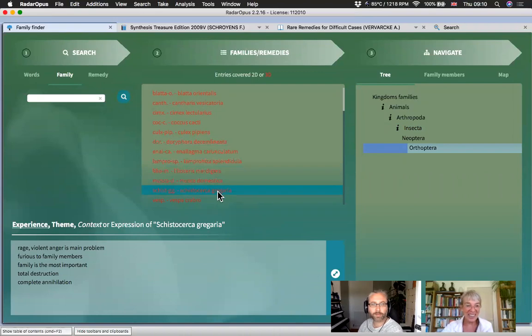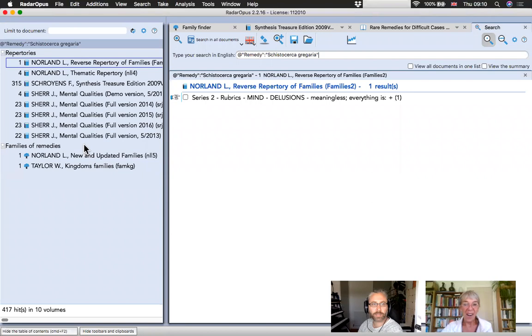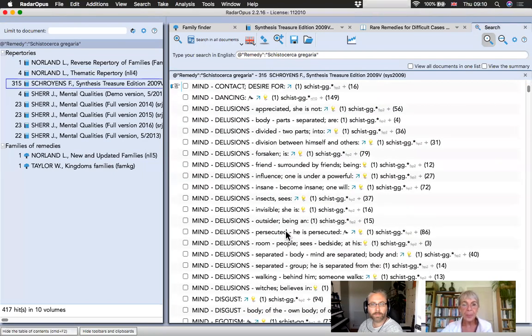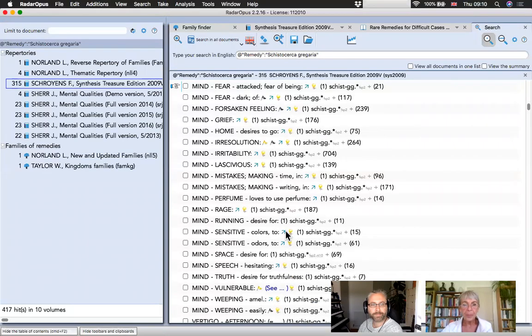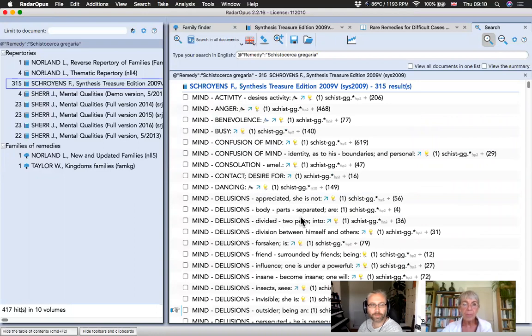I don't see why it's not working. It's finding it in the repertory. Never mind. There's always something. My RadarOpus is a bit broken at the moment because I've been testing the very latest version, and it's made it a bit strange.